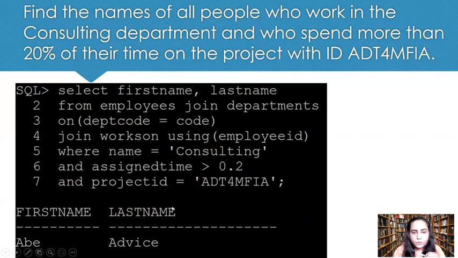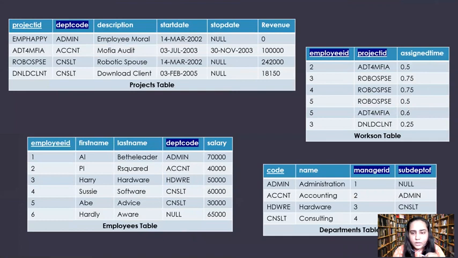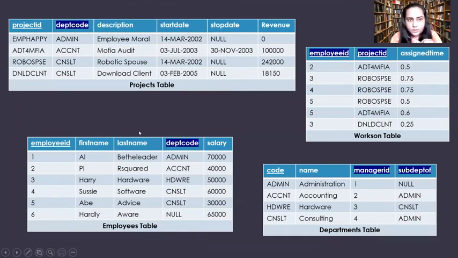And now I will tell you why I chose the word using. So you can see here that in the works on table, the connection between employees and works on is the employee ID, which is similar. Here in the employees table it is also employee ID, which is why I have used the keyword using and not on.